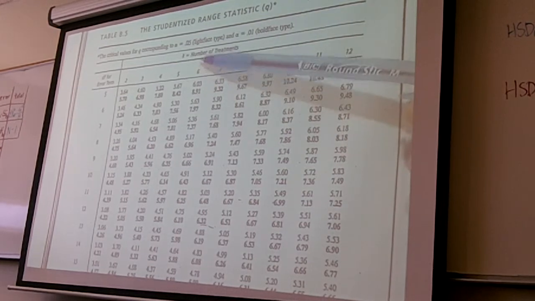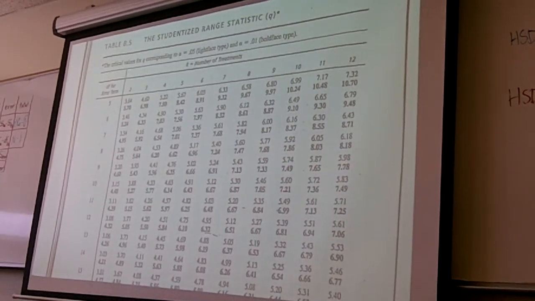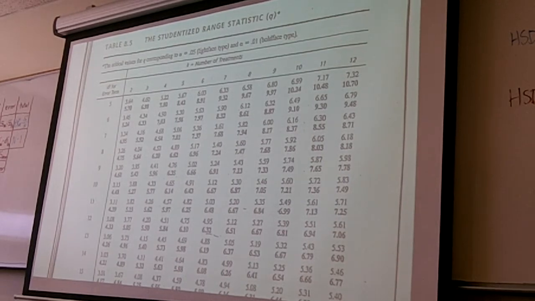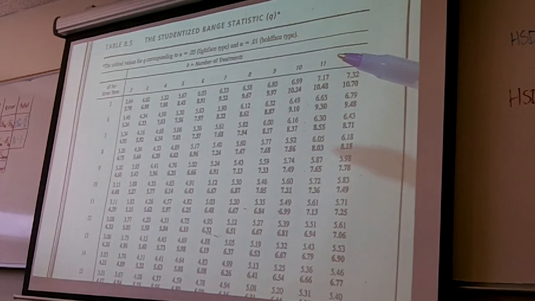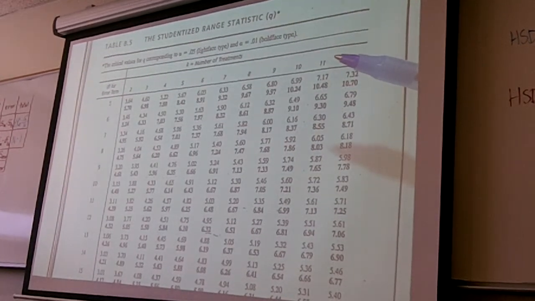So, what's K? 3. What's alpha? Alpha's not 8. Sorry. Okay, alpha's 0.05. And then the degrees of freedom for the error term would be the same thing as degrees of freedom denominator.